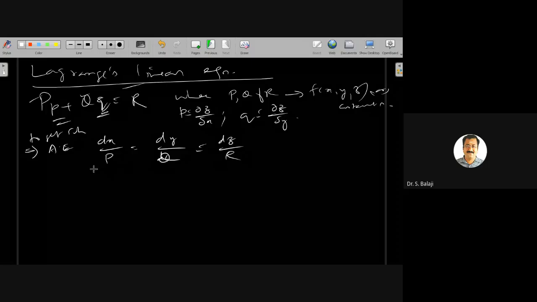And then after, you have to get two solutions here, by the method of separation of variables. You have to get two independent solutions, u and v, from the above three proportions.